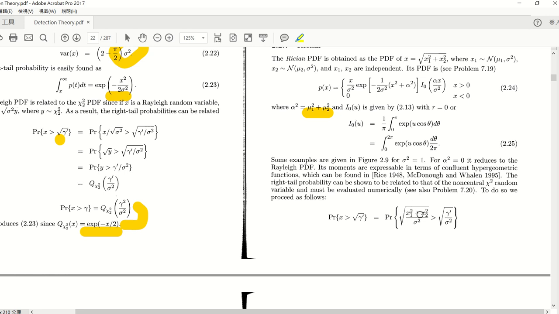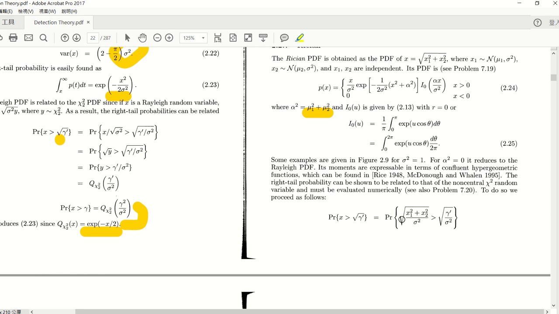How come? X by itself is the square root of this, so this part is just equal to X. We don't have problems with that.